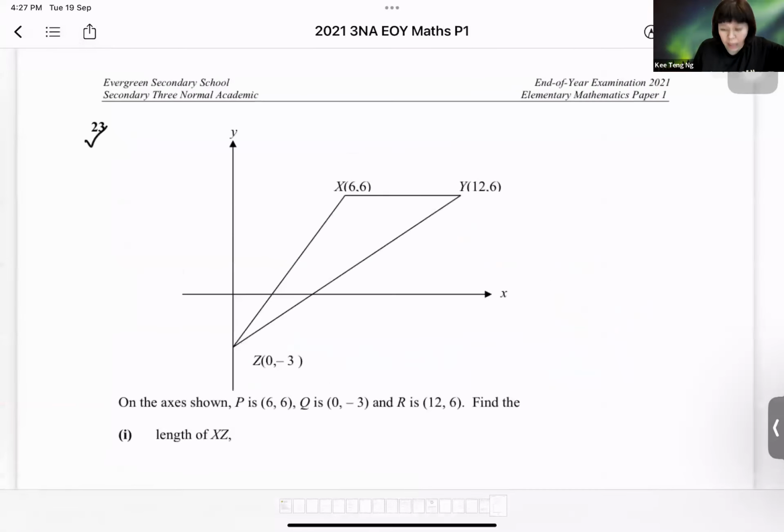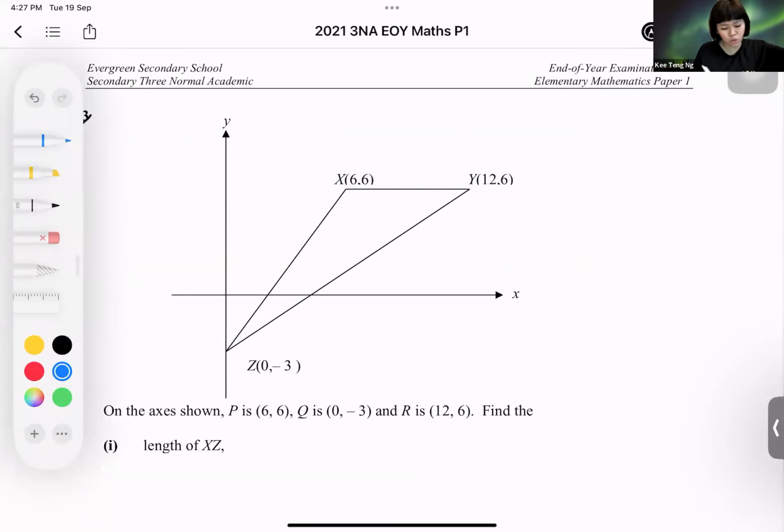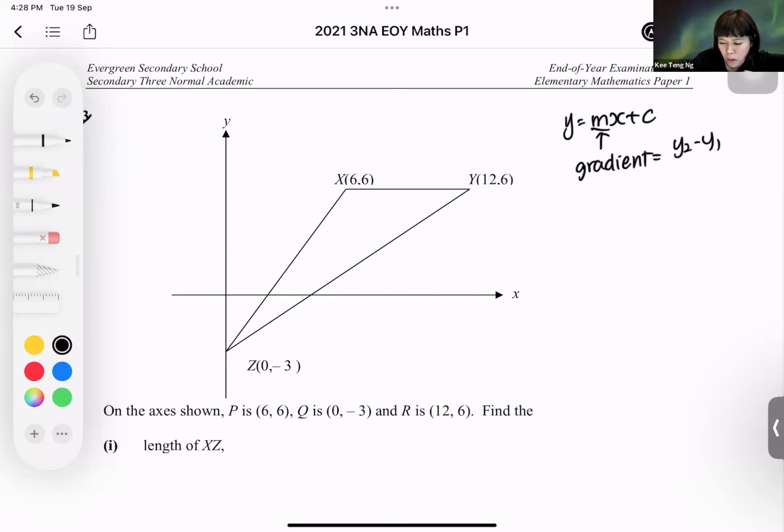Last question, coordinate geometry. Okay, I think a lot of you forgot a couple of things that we need to know. First one, the equation for a straight line is y equals mx plus c. Anyone got that? Then what does m mean? m means my gradient. So how do you find the gradient? Do you still remember? The gradient of a line is given by y2 minus y1 over x2 minus x1.